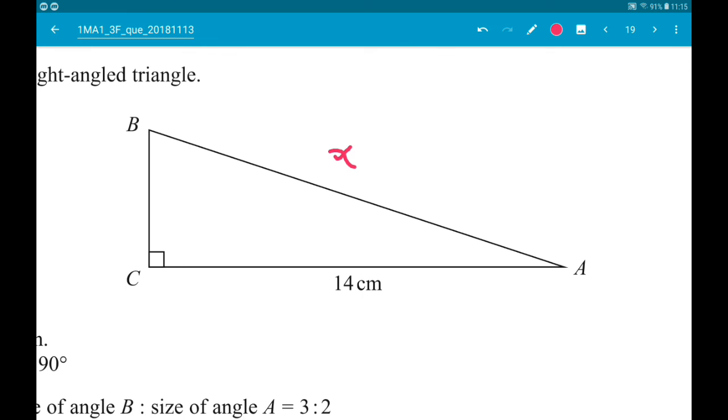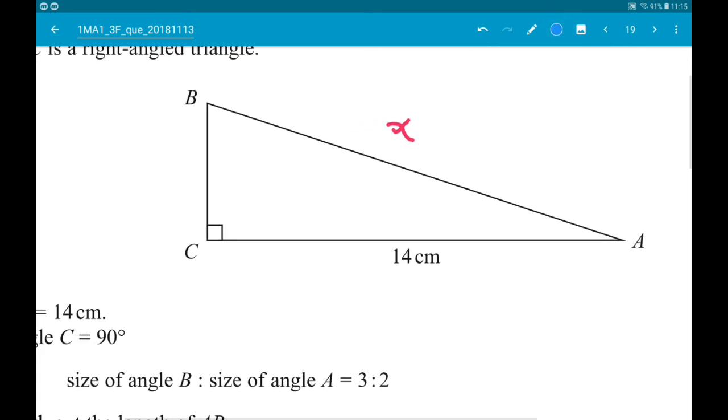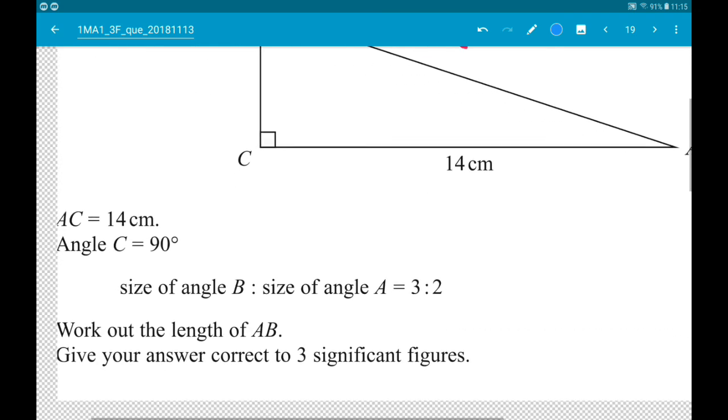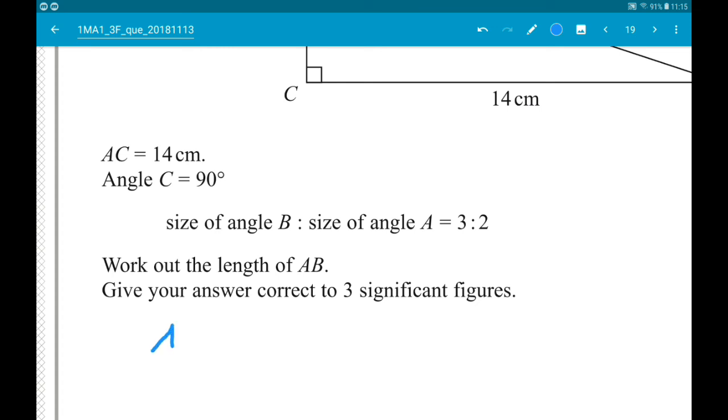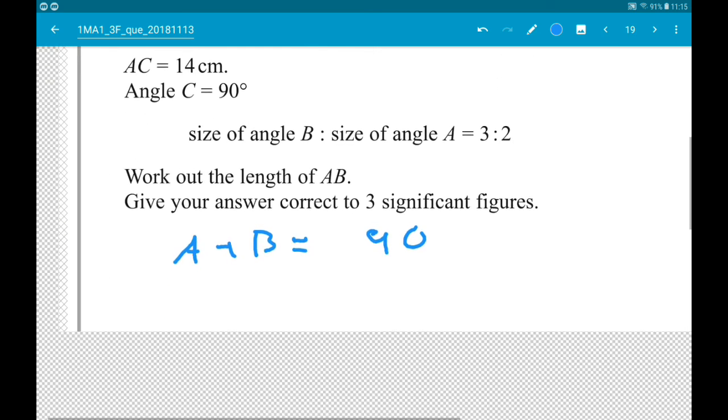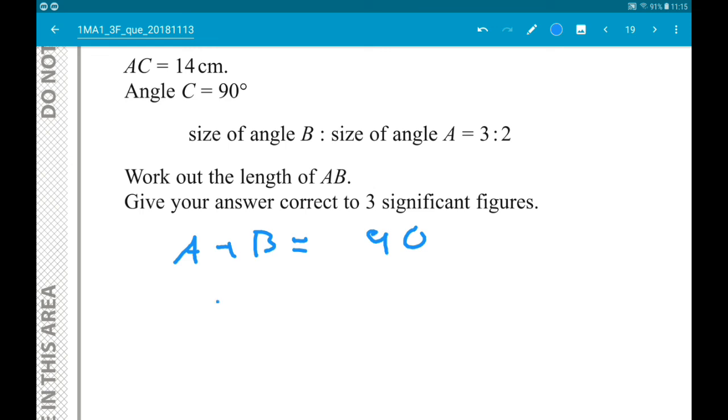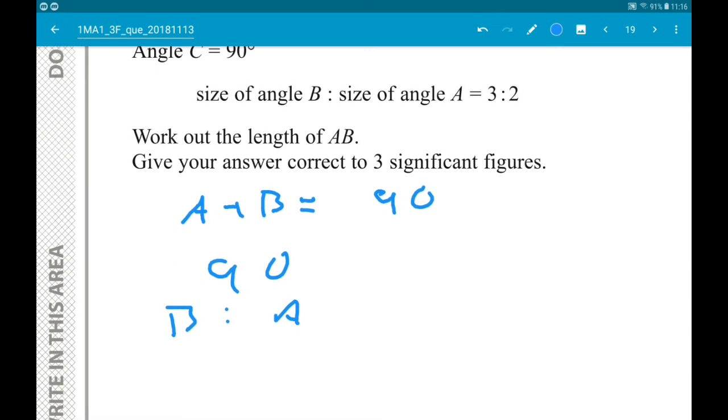So, angles in a triangle, remember, add up to 180. So we know that A plus B has to be 90. So we want to split 90 in the ratio B to A, which is 3 to 2.